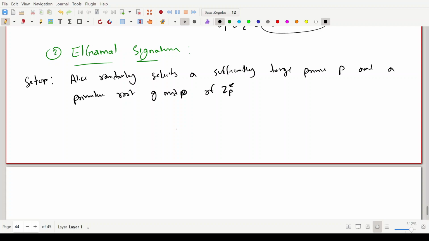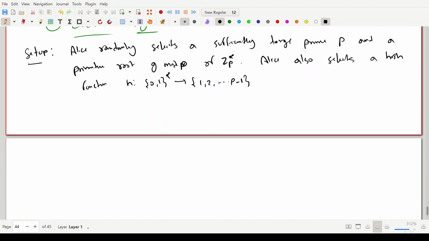Alice also selects a hash function h from {0,1} star to {1, 2, up to p minus 1}, that is Z p minus 1 star. Okay, so this is what the setup is.